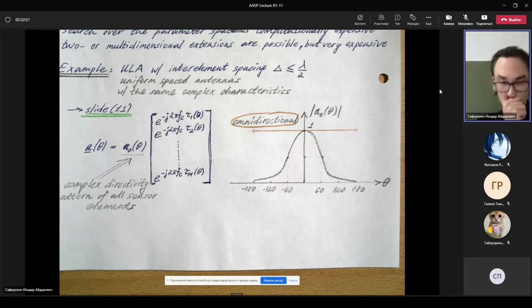Next, we introduce this reference point, which was given, I think, in the first lecture of this high resolution parameter estimation.